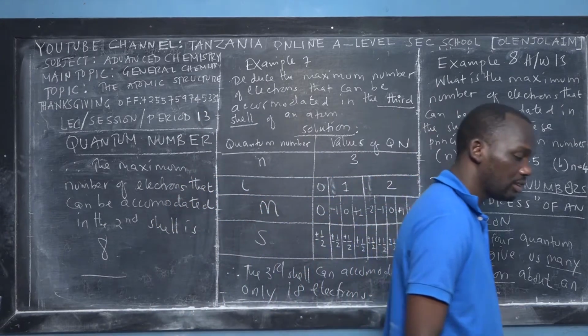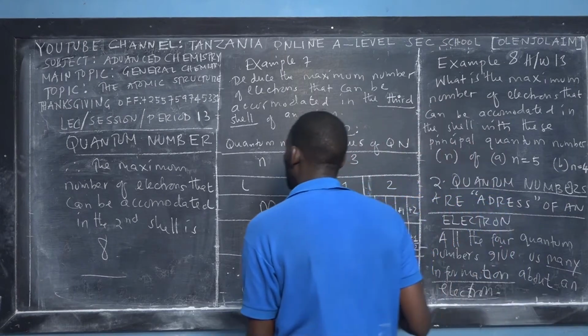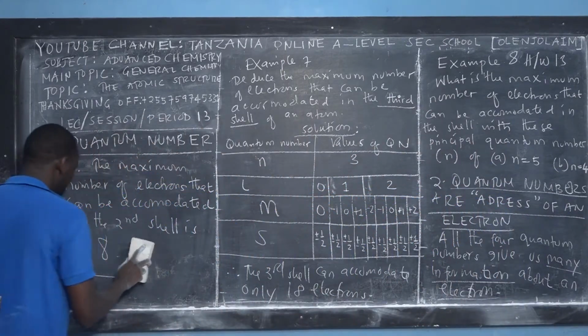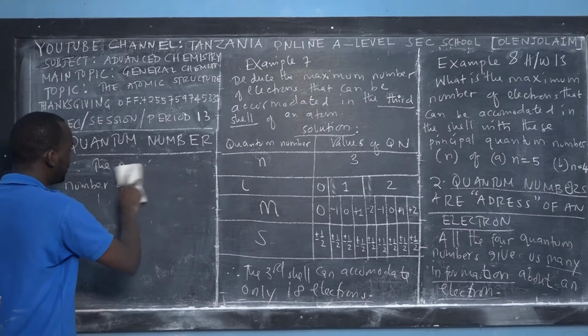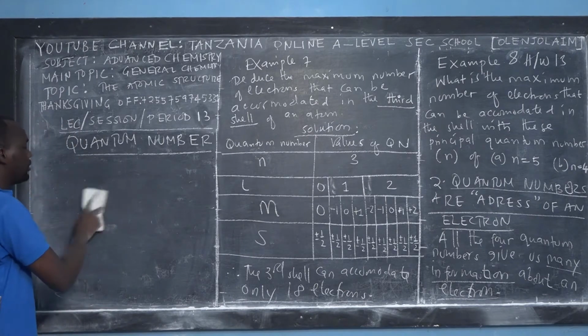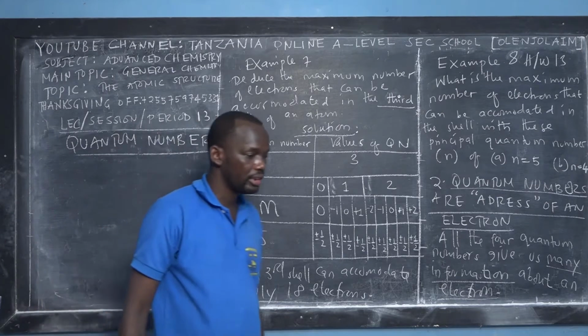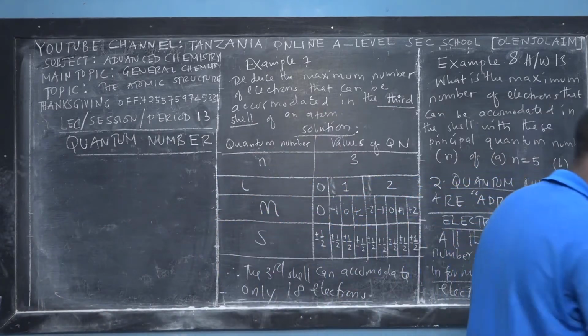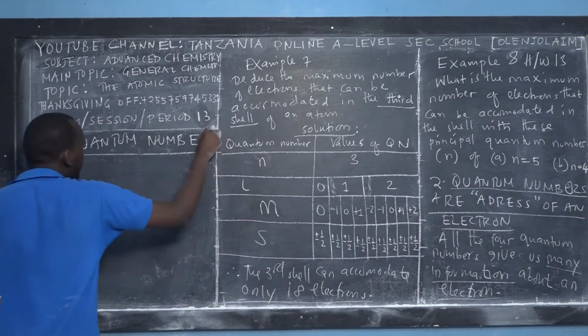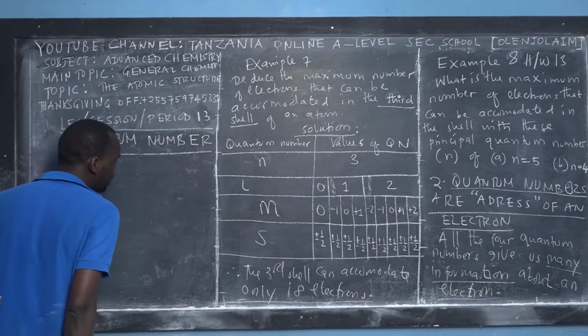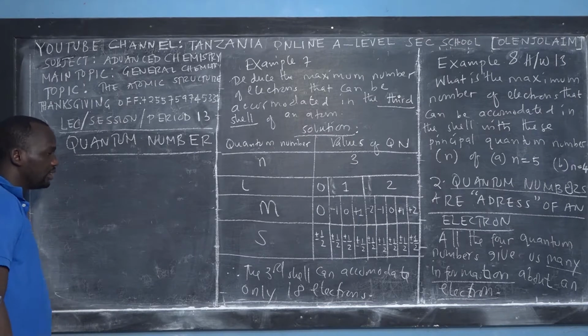So that's why we refer to the quantum number as address. Address means that it gives the unique identification of the information that we are sending. The address of sending a letter means we are giving the unique identification of the destination where you want to send that letter.